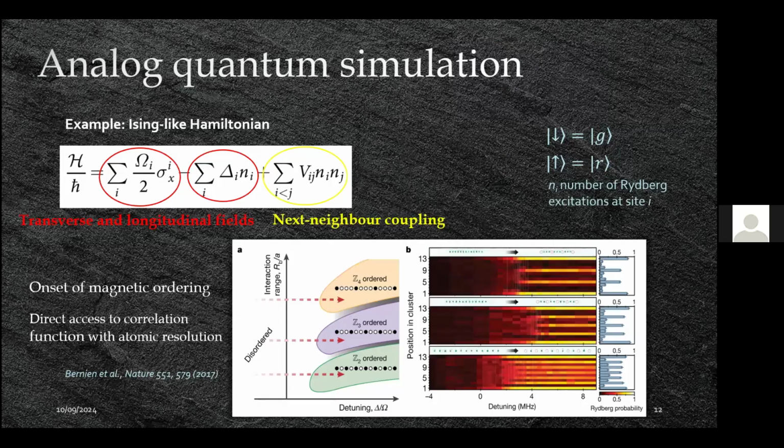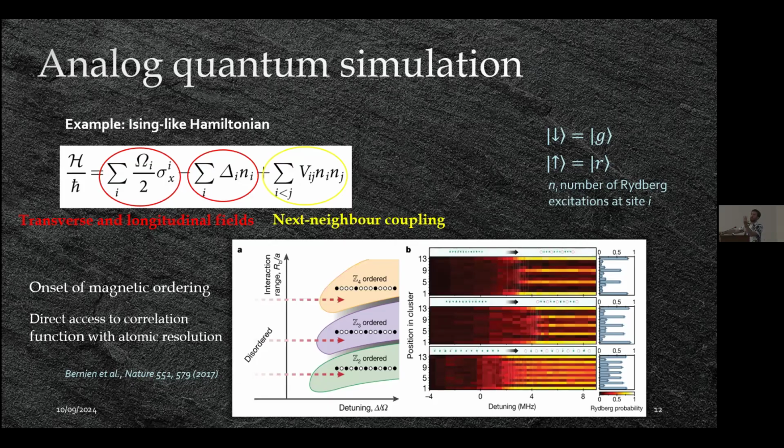In such a way, it has already been proven that it's a really useful technique to approach the evolution from a disordered system to a magnetically ordered one. So we can easily see, by varying the range of the interaction, basically just understanding in this radius that we call the Rydberg blockade radius, how many atoms I am going to have in it.